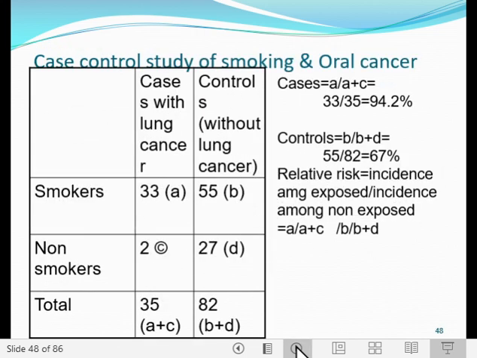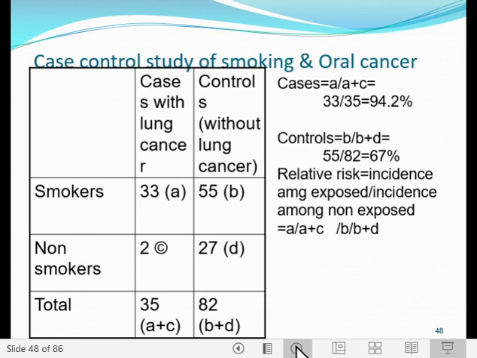Another example is when you are studying the relationship between smoking and lung cancer, then cases are A divided by A plus C, that is the total number of cases with lung cancer.